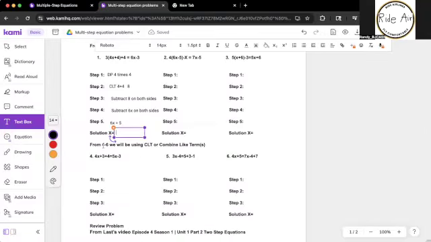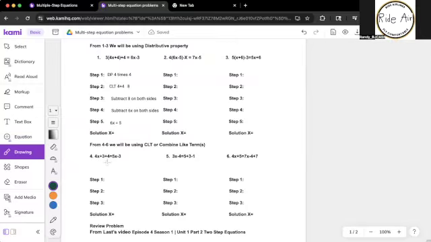Now for 4 to 6, we're going to do the same thing here. For problem number 4, we're going to first combine like terms. 4 plus 3 is 7, equal to 5x minus 3 plus 4x.